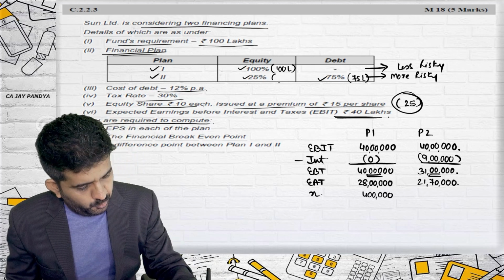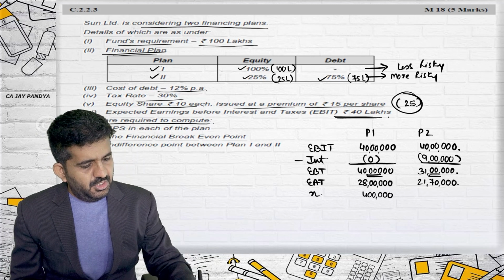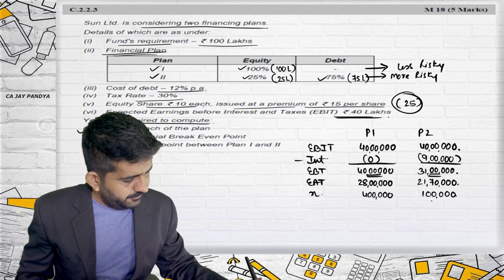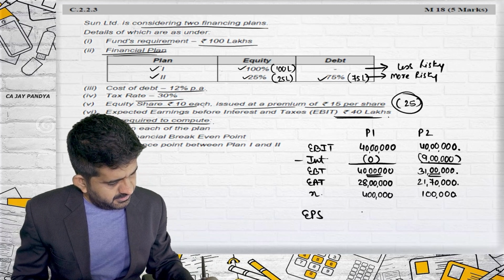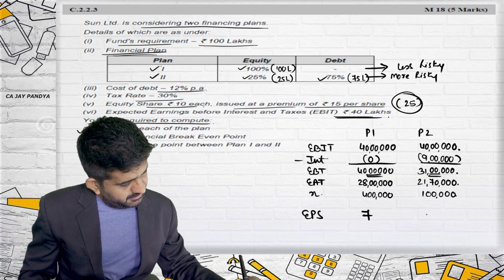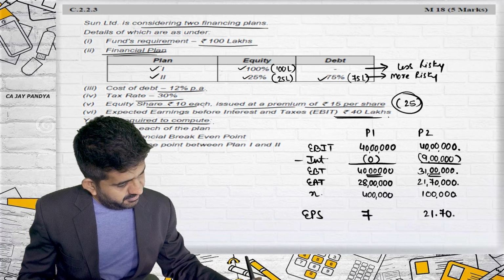In plan 2, you have issued equity of 25 lakhs. 25 lakh divided by 25 will be 1 lakh. What will be EPS? Will be 7. What will be EPS is 21.70.